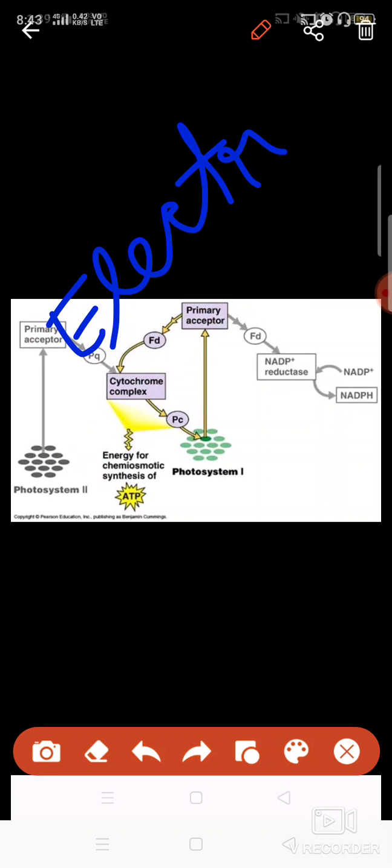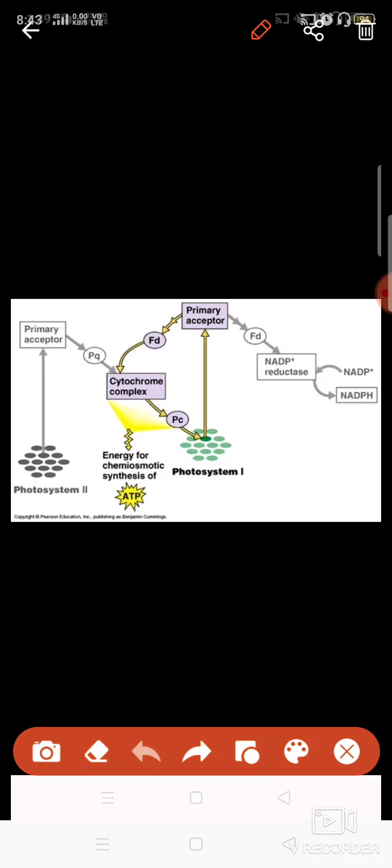When the electron gets excited, it is accepted by the primary acceptor, and then this primary acceptor passes its energy on to other substances.